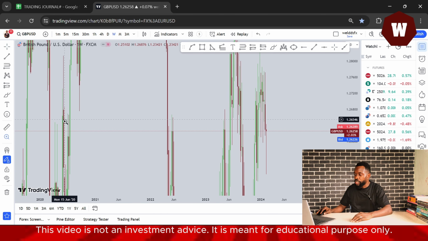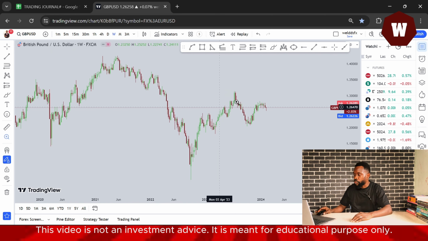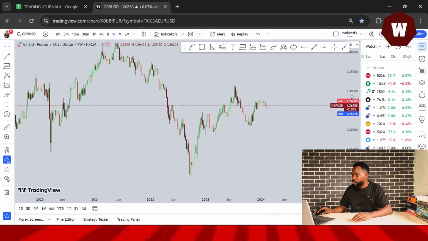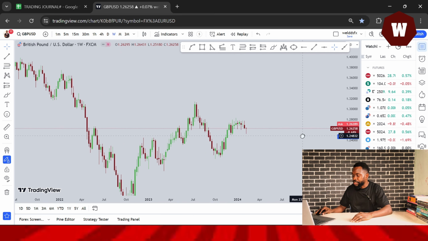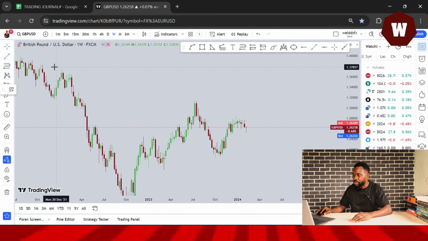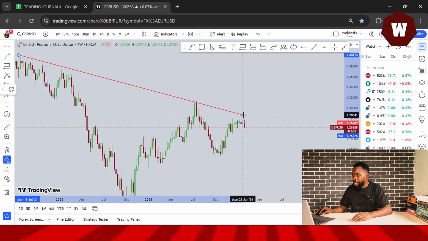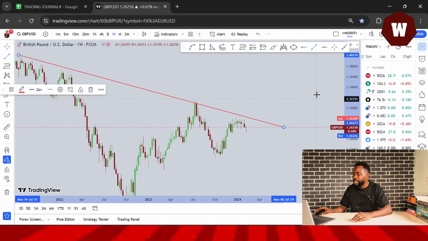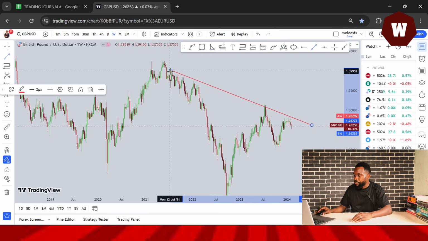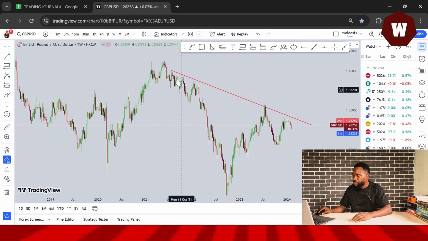If you come to the weekly time frame, there is something that is quite obvious to us. This currency has been in a downtrend. If you look at it from here and mark this point down, you can see that this trade has been in a downtrend from here. There are different ways you can draw your trend line, but I like my trend line to touch multiple points.